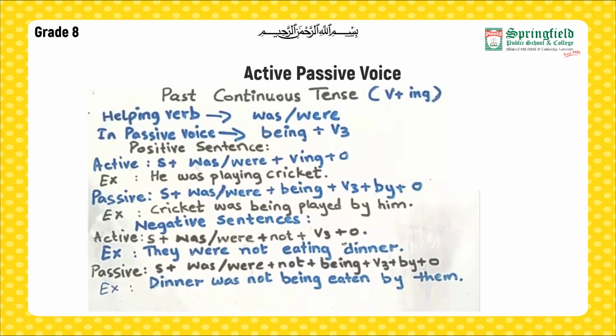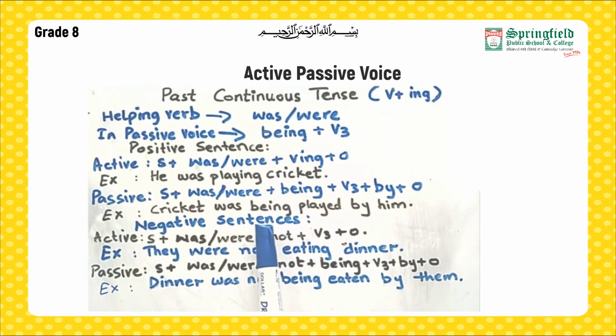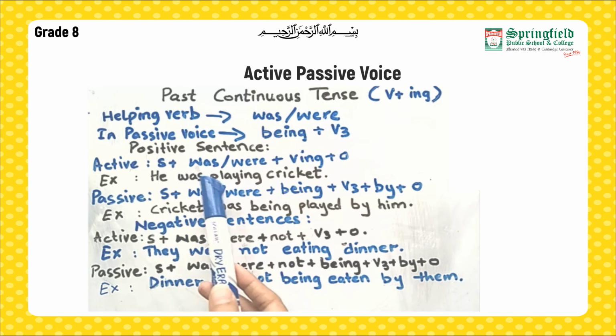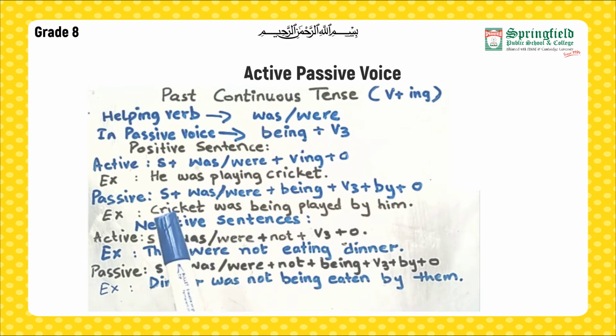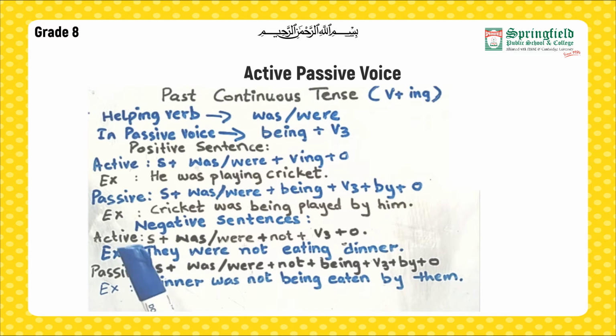When we convert this sentence into passive from active, it changes like, dinner was not being eaten by them. So I hope that you have understood the positive or affirmative sentences and the negative sentences, how they are in active voice, and how they are going to be when we change them into passive sentences.